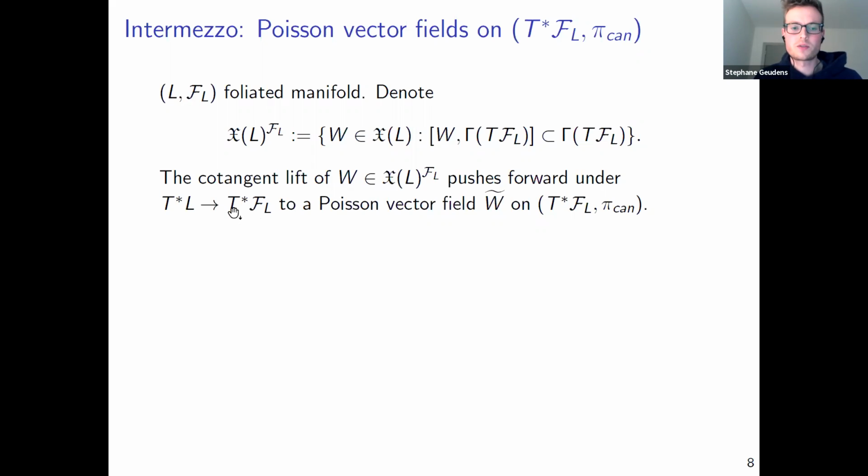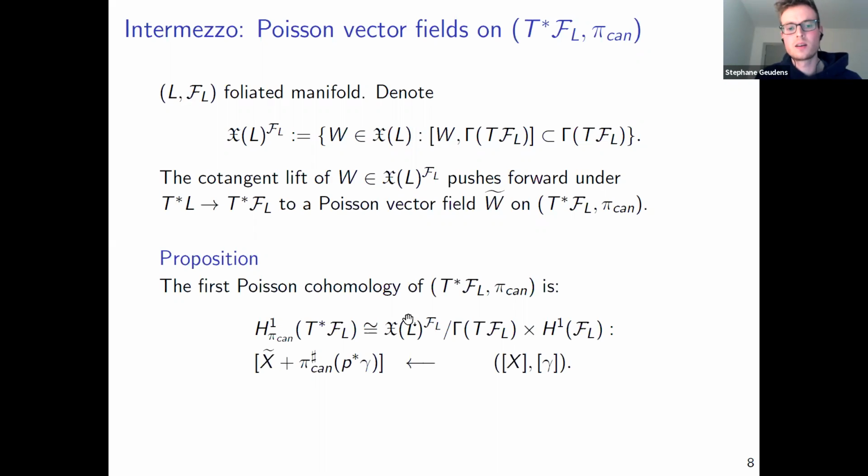So this gives a vector field on D star FL, and it's automatically Poisson just by the way this canonical Poisson structure is defined. So these projectable vector fields, they lift to the cotangent bundle. And this is used in the computation of the first Poisson cohomology.